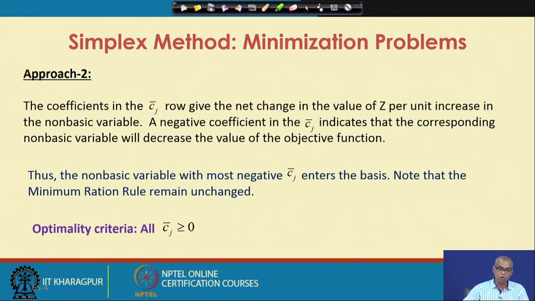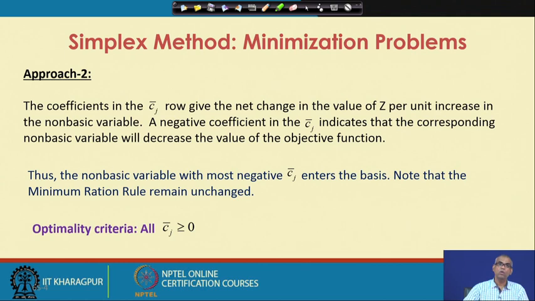So, for maximization problem it was all Cj bar less or equal to 0. For minimization problem it will be all Cj bar greater or equal to 0. So, in a simplex tableau, when all Cj bar greater or equal to 0, it means that there is no other non-basic variable which can be made basic variable and further decrease the value of the objective function.